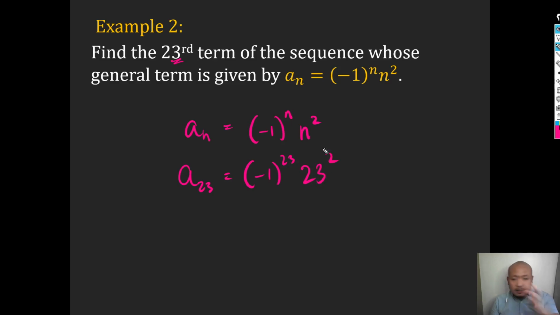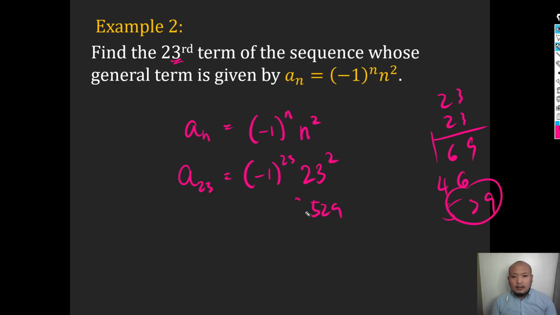Okay, then simplify. 23 squared is what? 23 times 3 is 69, 23 times 2 is 46, so 529. So 529 there, and a multiplier of negative 1. So finally, a sub 23, in other words, the 23rd term, is negative 529.